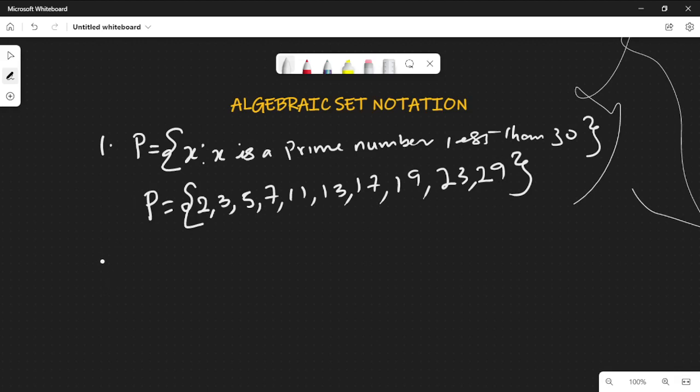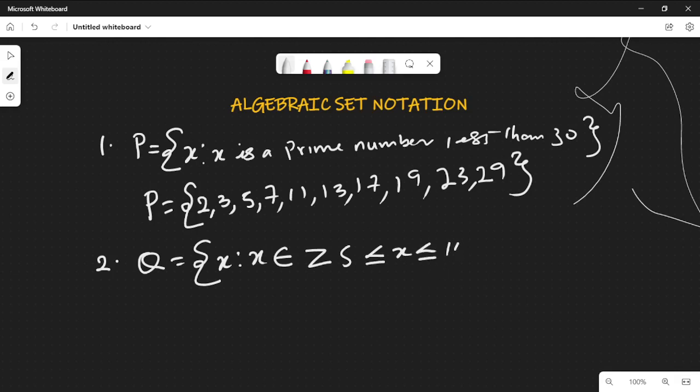So let's look at the second example of algebraic notation. If they give you something like this: let's say set Q is equal to the set of X such that X belongs to Z, 5 less than or equal to X less than or equal to 14.